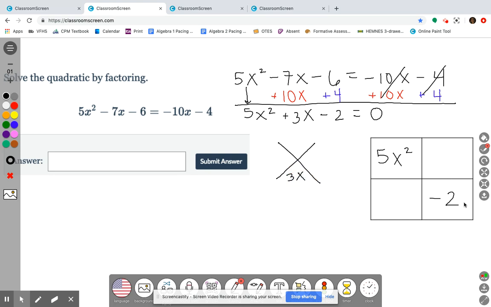You're going to multiply your diagonals and put it at the top of your diamond. So 5x squared times negative 2 gives me negative 10x squared. Now you're going to list out everything that multiplies to negative 10x squared.